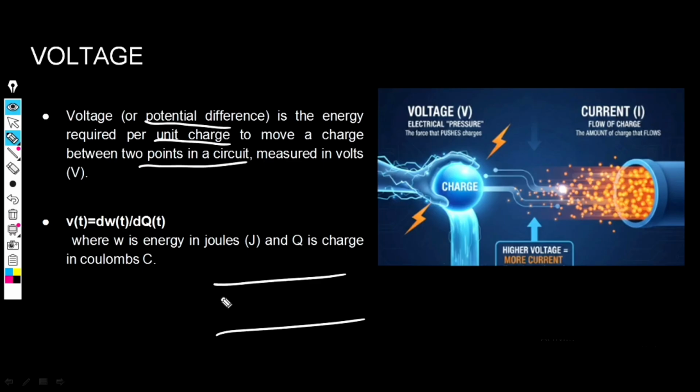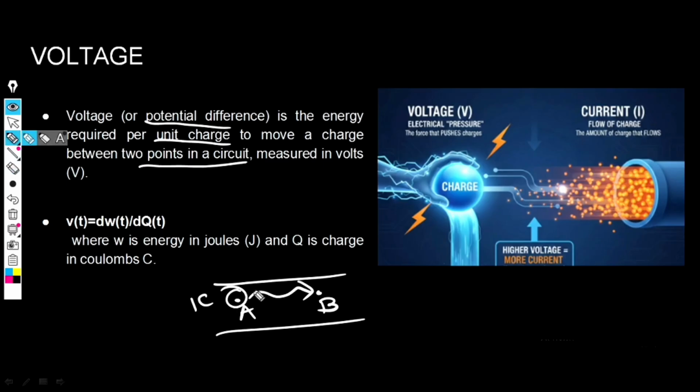Let this be a conductor and this is some point A, point B of that conductor. If I want to move unit charge, that is 1 coulomb of charge, from this point to this particular point, obviously some energy is required.